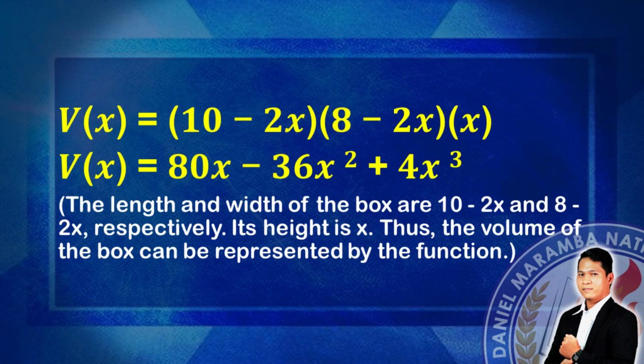So it is 10 minus 2x times 8 minus 2x times x. Why? Because the length and width of the box are 10 minus 2x and 8 minus 2x respectively. Its height is x, thus the volume of the box can be represented by the function 80x minus 36x squared plus 4x cubed.